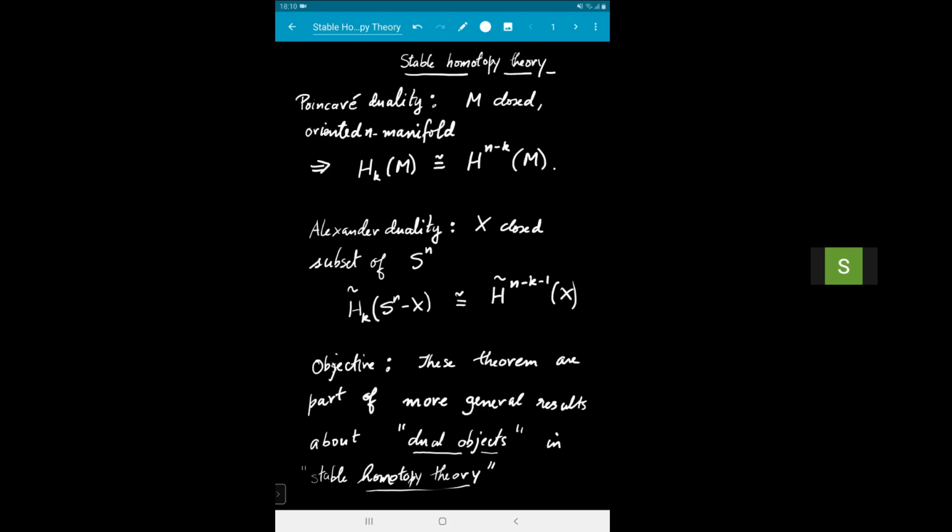Last time, remember, we defined homotopy groups, and we talked about the category obtained by inverting weak equivalences in topological spaces, basically.